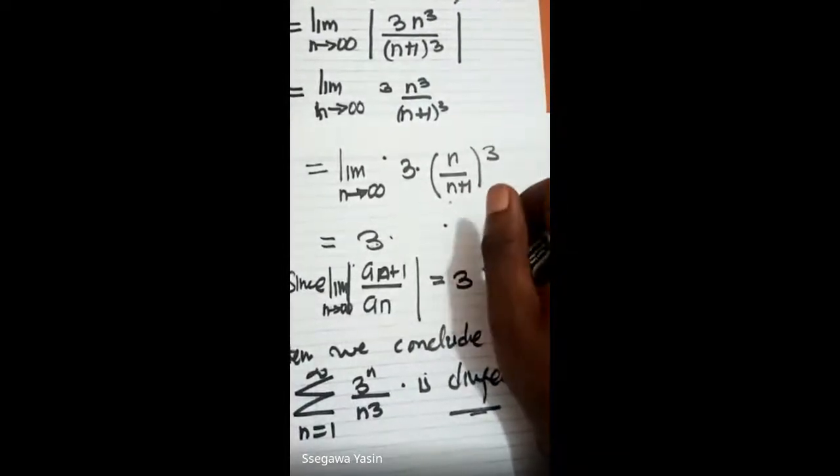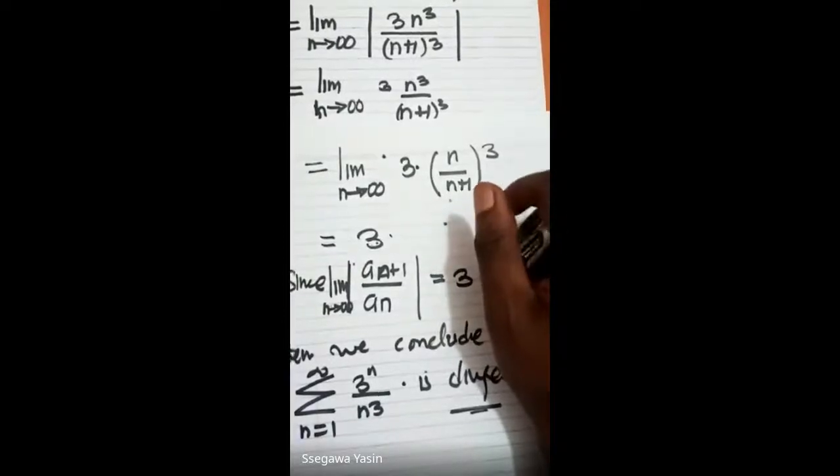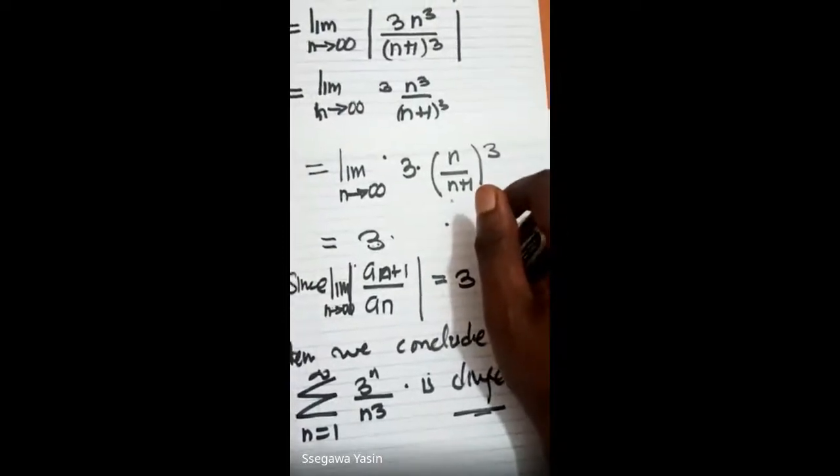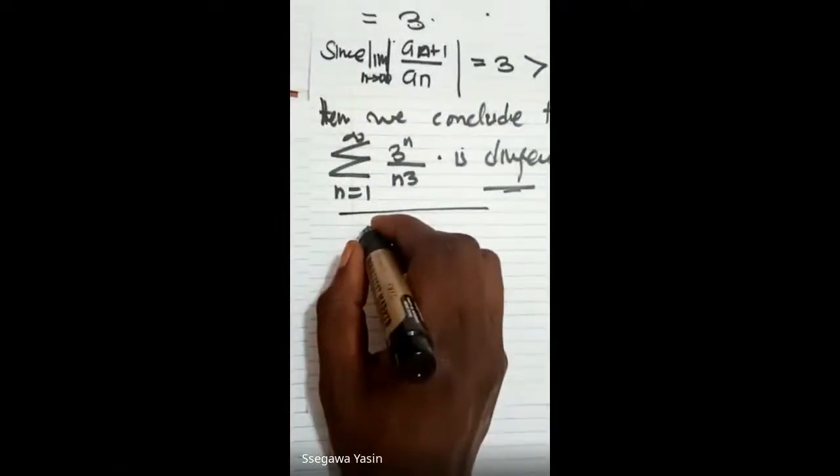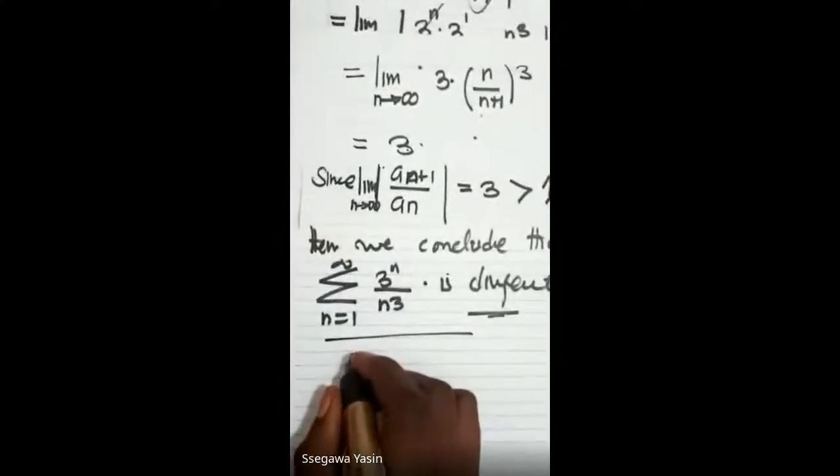Please, can I leave number 3 for you? Okay, good. Number 3, excuse me, sir, is it n squared plus 1, or what is the denominator? Yes, my dear, it is the denominator. Someone is asking, how did I get a 3?